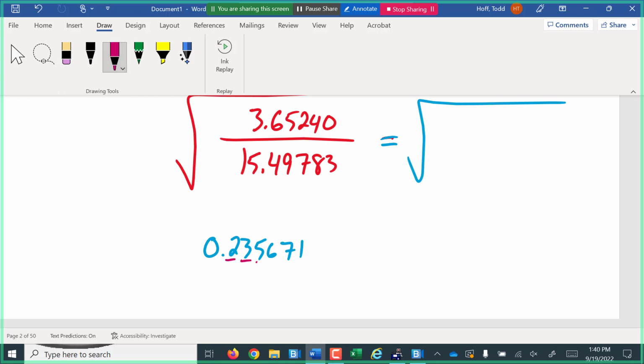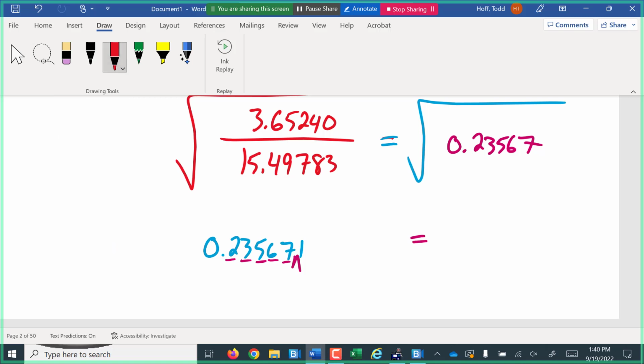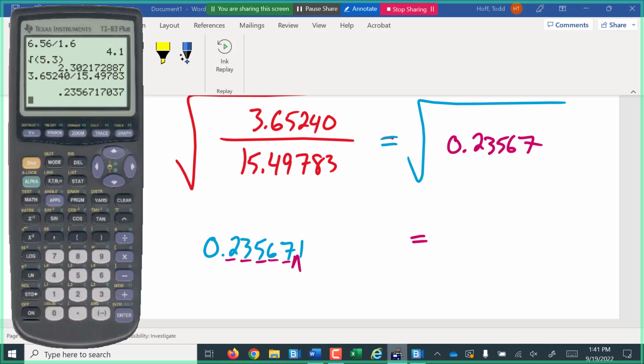This is tenths, hundredths, thousandths. We go 1, 2 more, and we round it off there. That would be 0.23567. And of course, the last thing we need to do is square root. Now, if you don't want to type that back in your calculator, most calculators, especially the Texas Instruments, but the Casios have them as well, have a key that recalls the previous answer.